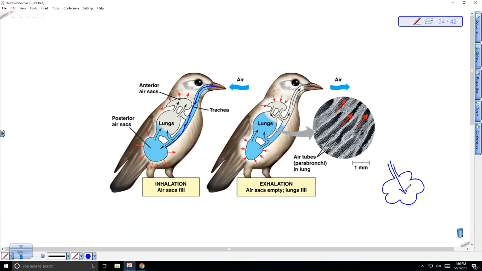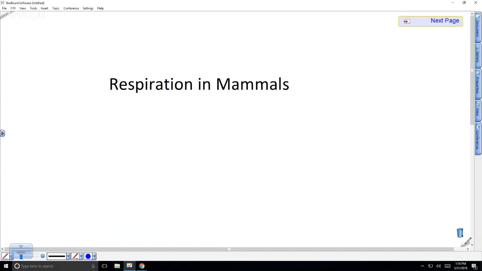Okay, so let's talk about respiration in humans and in mammals, but we're mammals, so we'll talk about it in humans in particular. Okay, so we have a nasal cavity separate from the oral cavity.